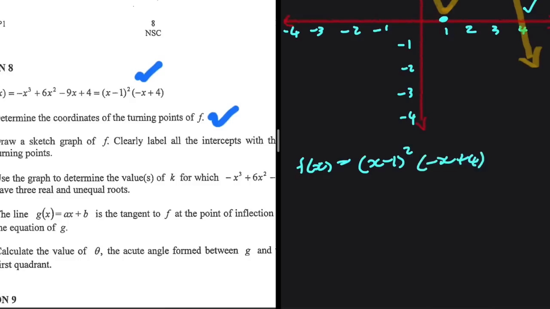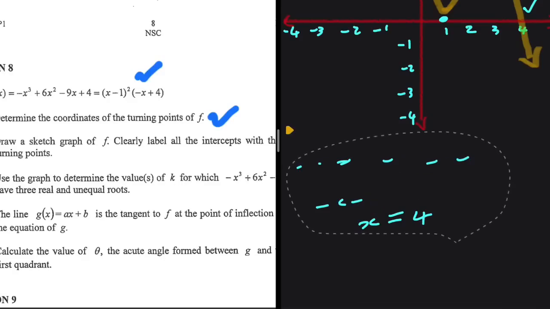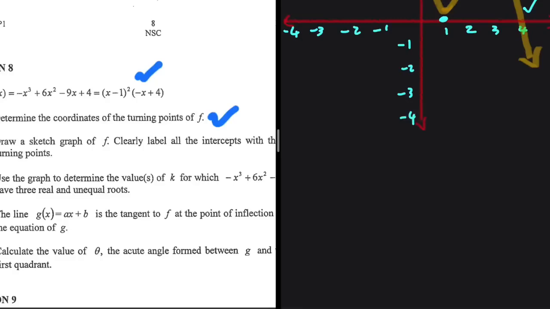So obviously we have minus x plus 4 being equal to 0. So x is equal to 4. This is the other x-intercept that we have. Okay, let's carry on and do the equation that follows. We are done sketching that graph.